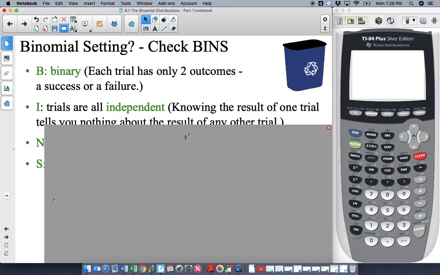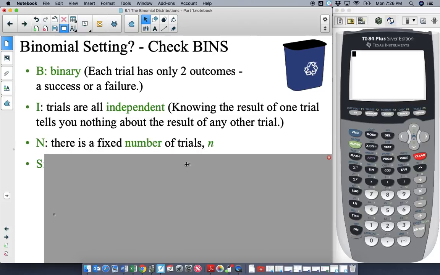The I is for independent. All trials are independent. That is, knowing the result of one trial tells you nothing about the result of any other trial. N, there is a fixed number of trials, N. That's important because that distinguishes binomial from geometric, which we'll work on in section 8.2.